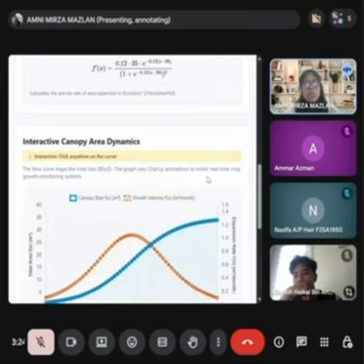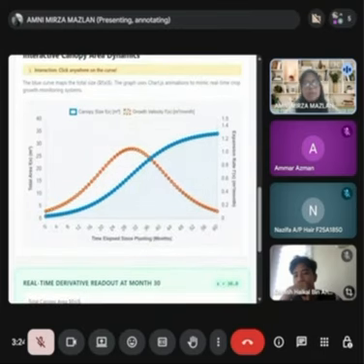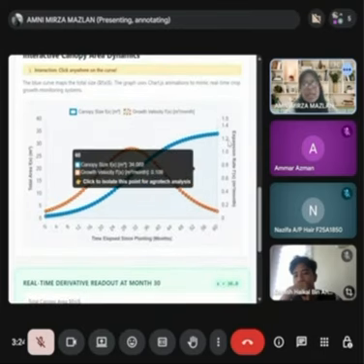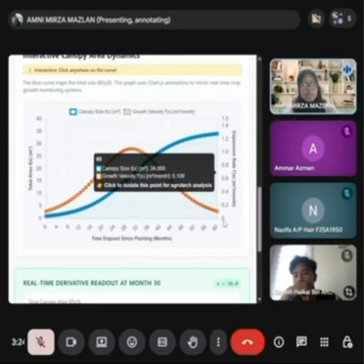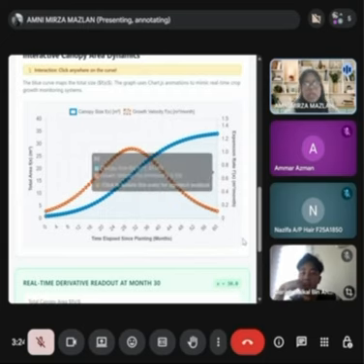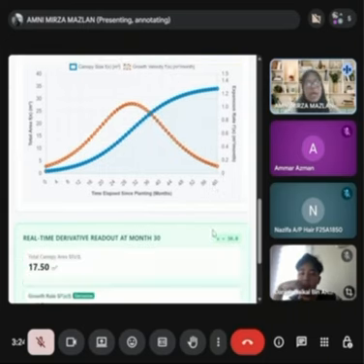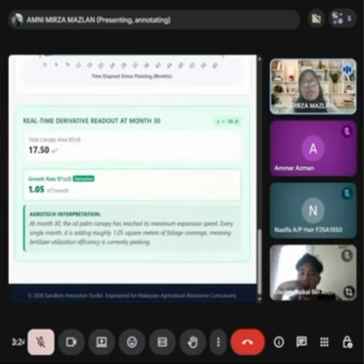The graph on the web page has two lines. The blue line shows the total canopy area, and the orange line shows the growth rate. At 30 months, the canopy area becomes 17.5 square meters, and the growth rate is 1.05 square meters per month.